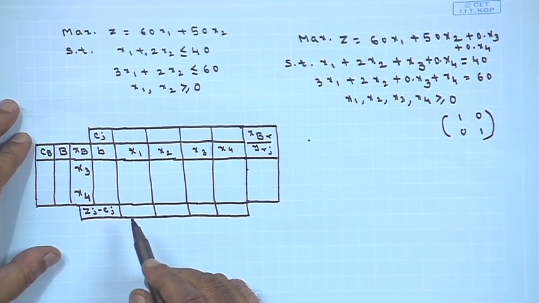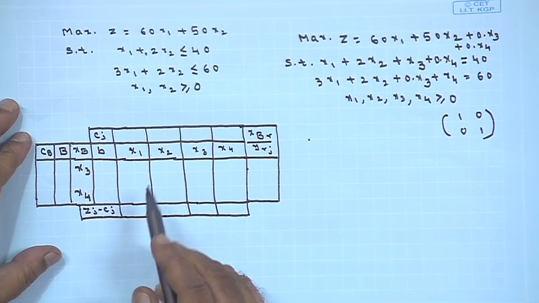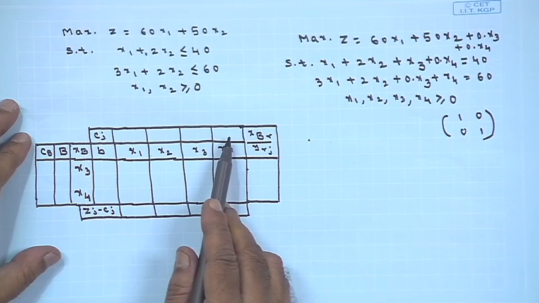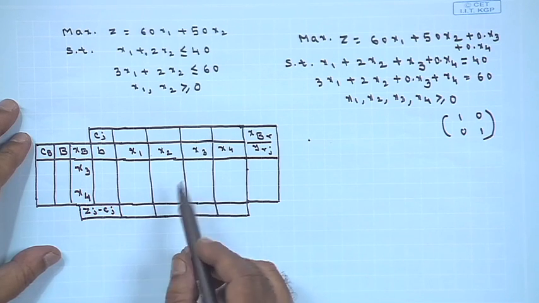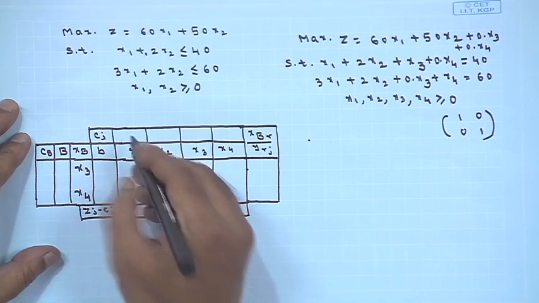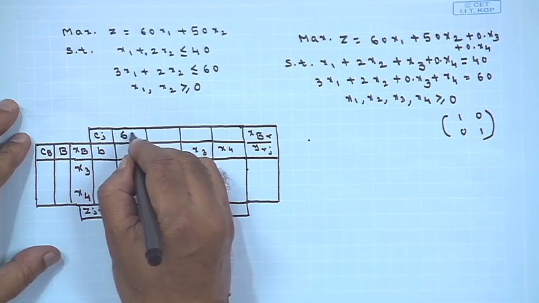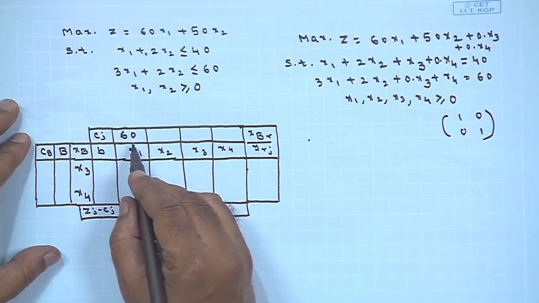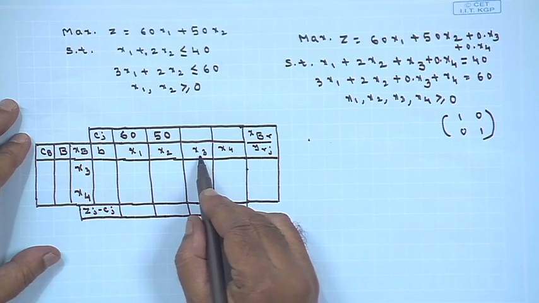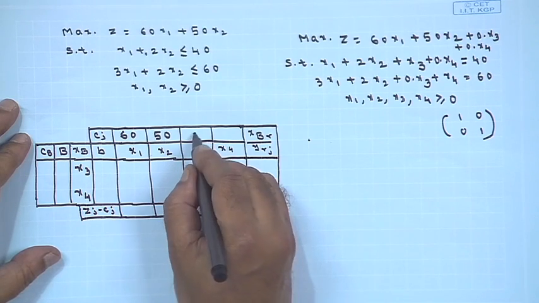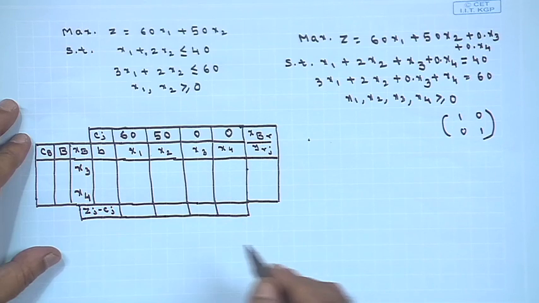If you remember, we have told that in the table the first row represents the coefficient of the cost, like for x1 the coefficient in the cost function z is 60. So we are writing 60, for x2 it is 50, we are writing 50, for x3 it is 0, for x4 it is 0.